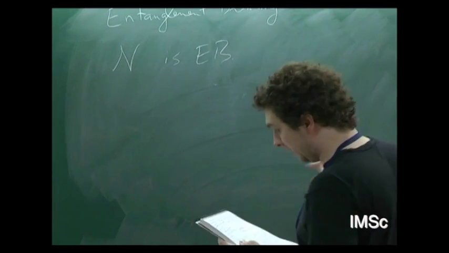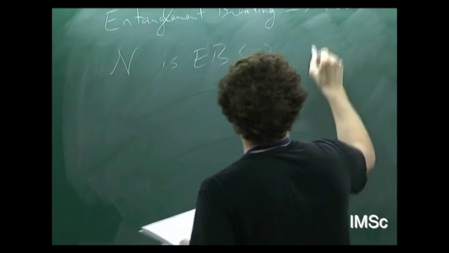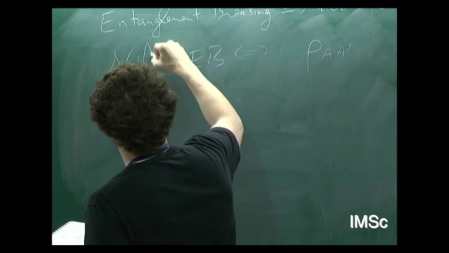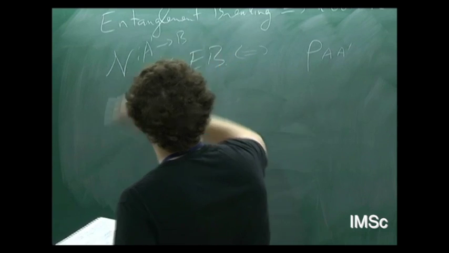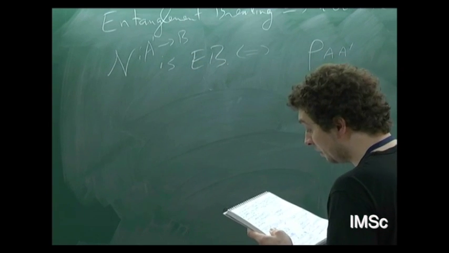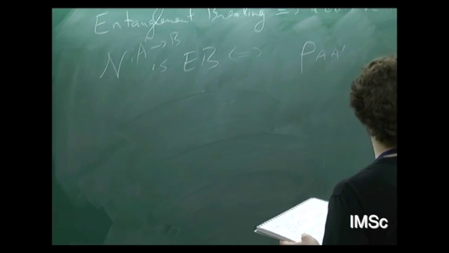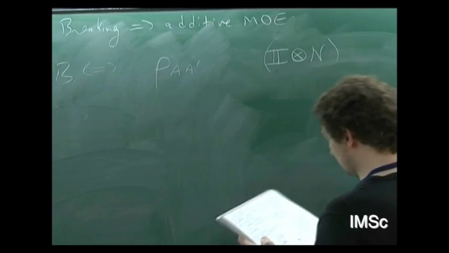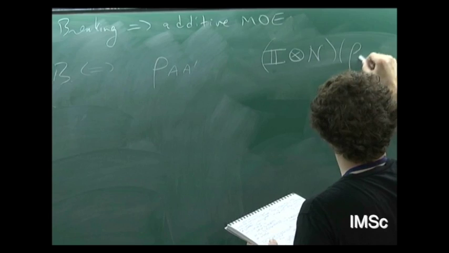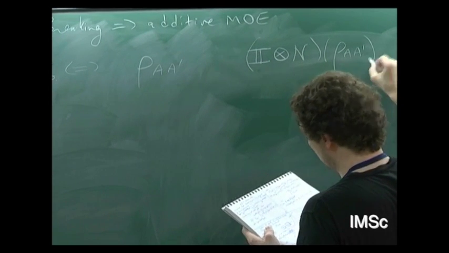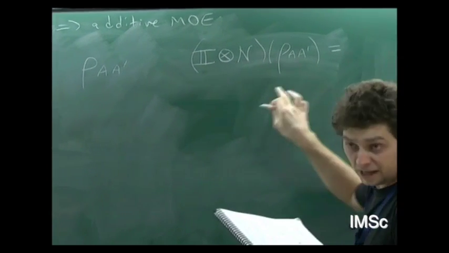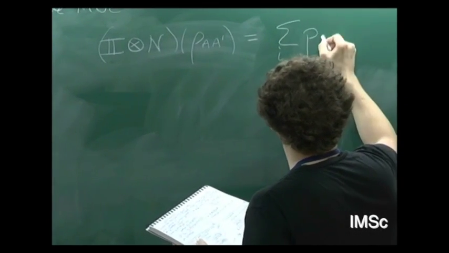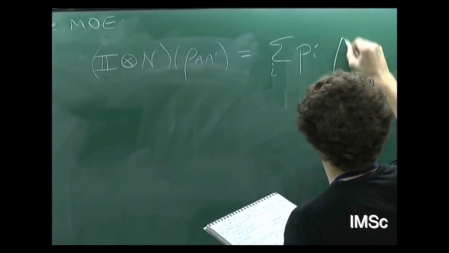N is entanglement breaking if, for any state rho A prime, let's say N takes A prime to B, and I take the channel N and act on part of that state, then the resulting output state is going to be separable, meaning it's not entangled. It's just a sum over some index i of product states.